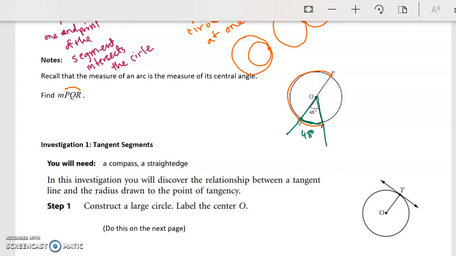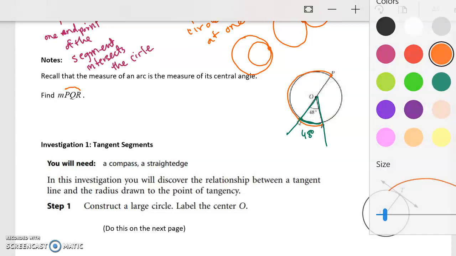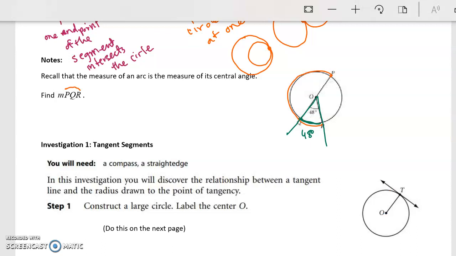So arc QR has a measure of 48 degrees. Also, segment QP is a diameter because it passes through the center. So this arc has a measure of 180 degrees. So if we want to find the measure of arc PQR, we add the 180 to the 48, so that means it's 228.